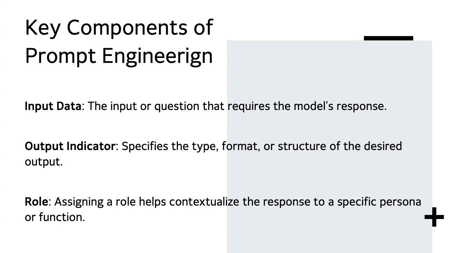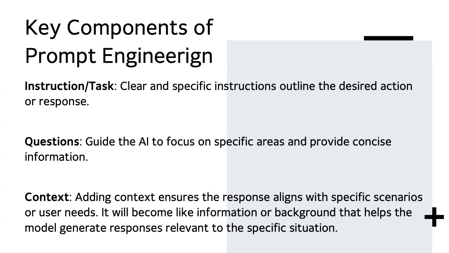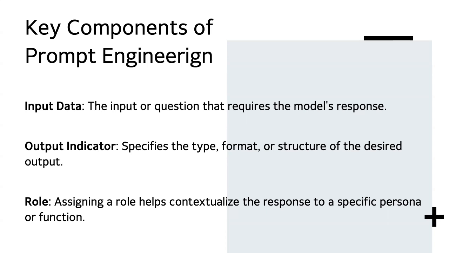Our prompt doesn't have to include everything here, but it's important that it has the parts that fit its information. Then we can increase the efficiency and the quality of the output from the LLM.